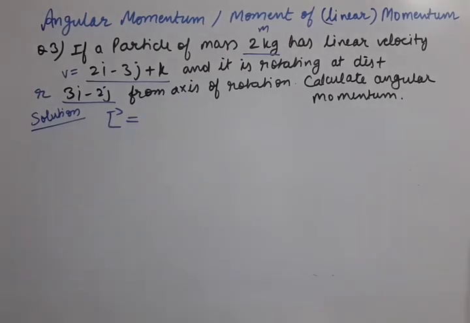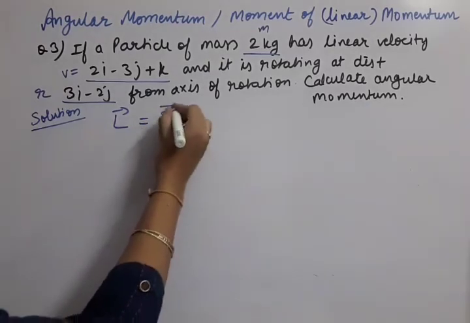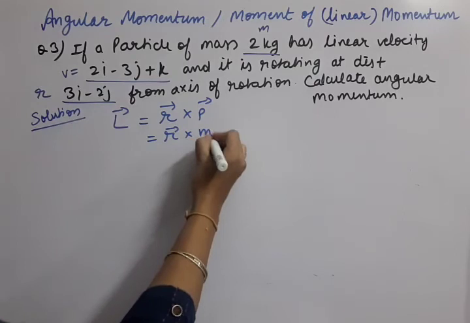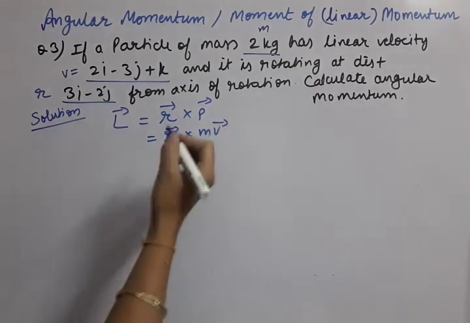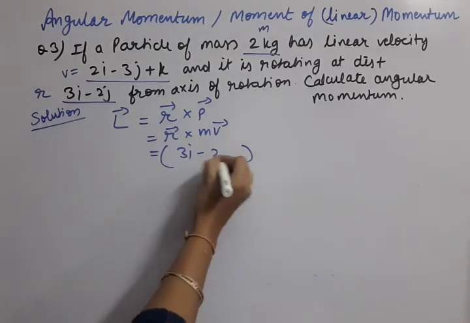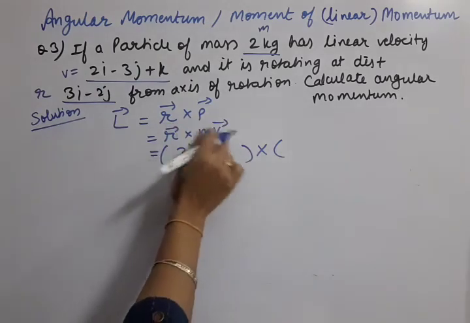So we know the angular momentum formula, L vector is r cross p. P means mv. So we have here actually two vectors. R vector is 3i minus 2j, cross, we have to do mv.